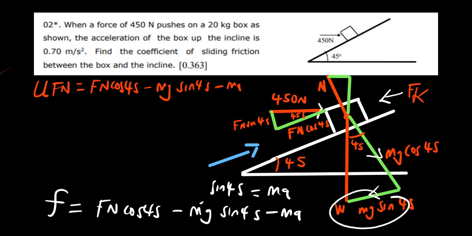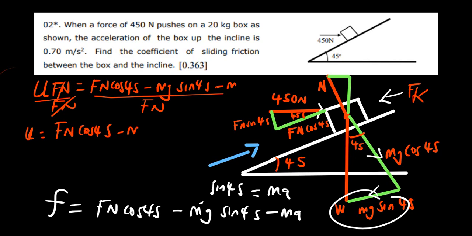Because we're finding the coefficient of kinetic friction, we divide by Fn on both sides, and Fn and Fn cancel. Therefore my mu will be Fn cos 45 minus mg sin 45 minus ma.